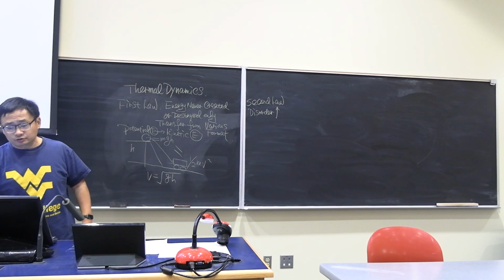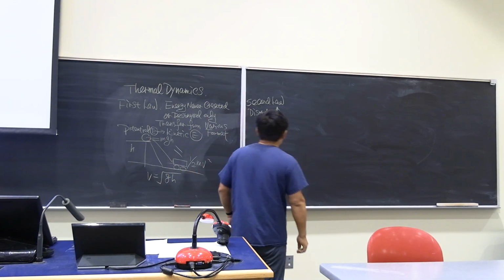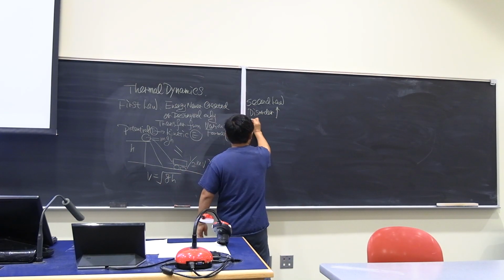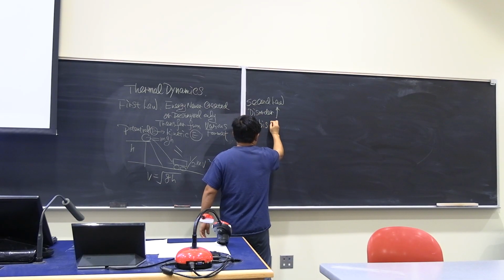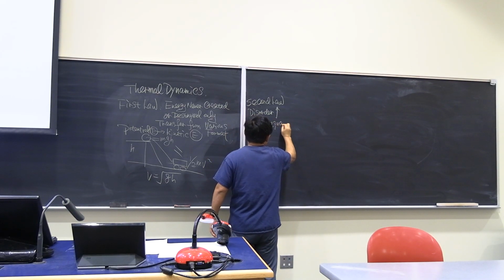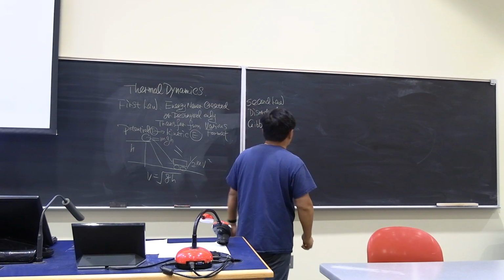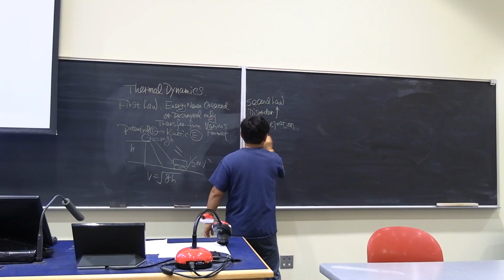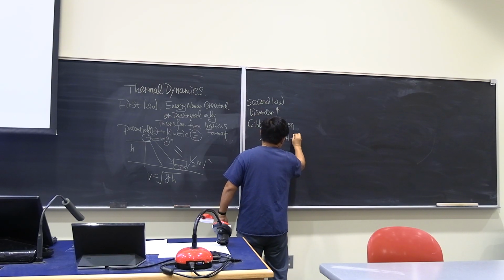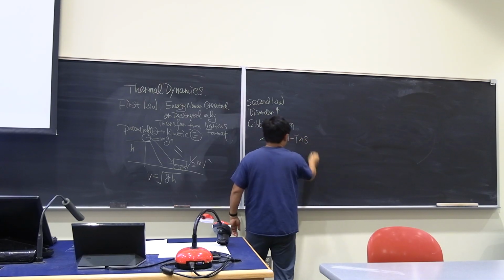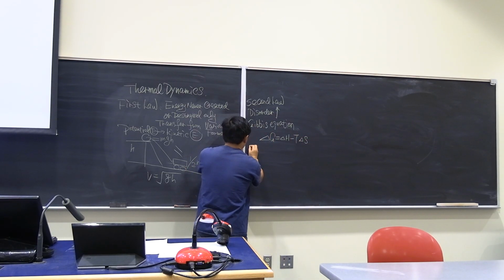Now, in order to explain thermodynamics, a very important equation comes out, which is called the Gibbs equation, or Gibbs principle, which is delta G equals delta H minus T delta S. So what do these things mean?